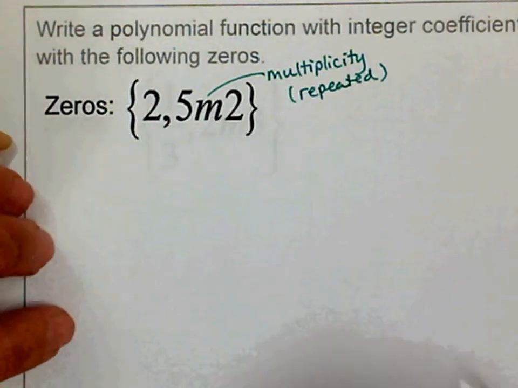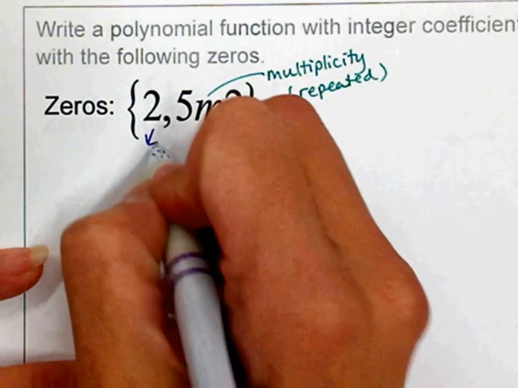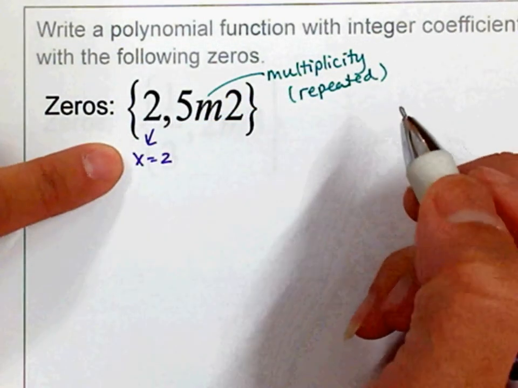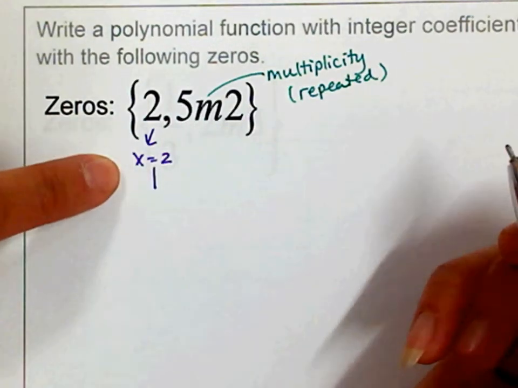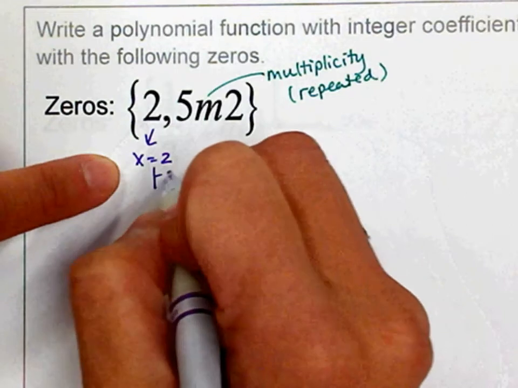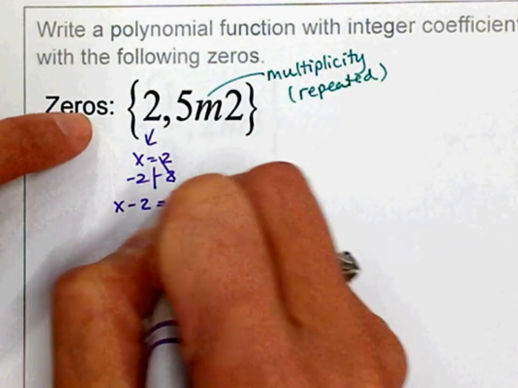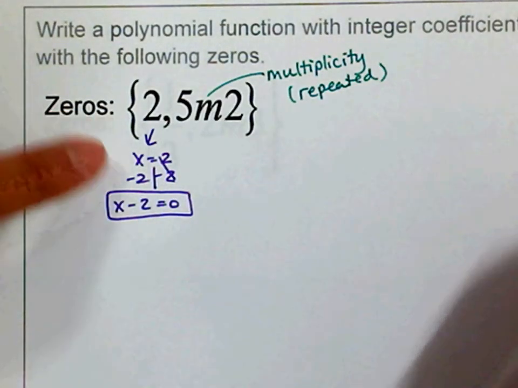Oh, yeah. All right. x equal to 2, correct? I want to set it equal to 0. So how do you guys move it over to get it equal to 0? Subtract 2, subtract 2. So x minus 2 is equal to 0. Box that in. Okay. There's your first zero.